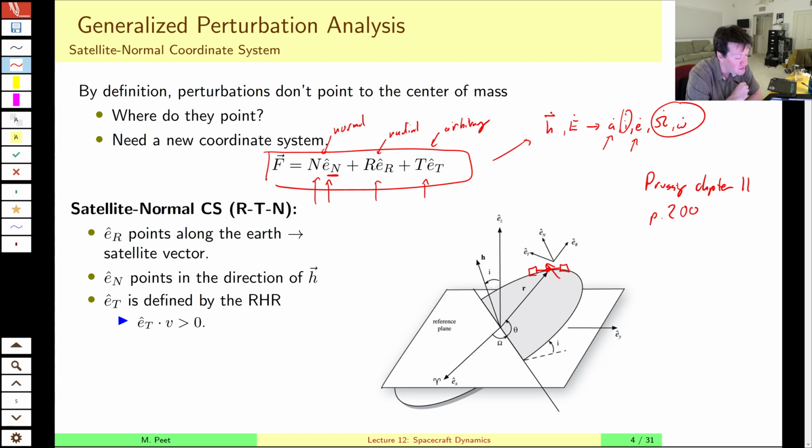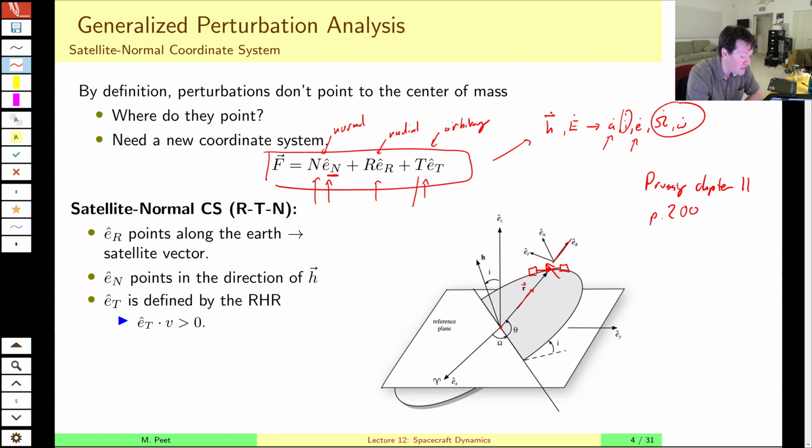As you would indicate, this is in the radial direction, the one pointing from the center of the coordinate system, which is typically the center of the Earth, to the spacecraft, and then out beyond. So in the direction of the radius vector, the r hat direction. R is for radial.